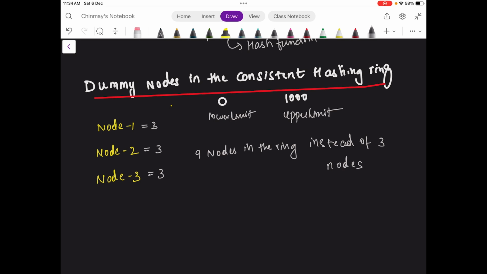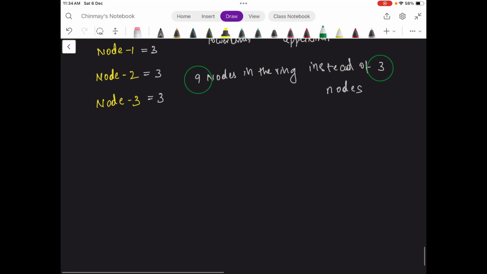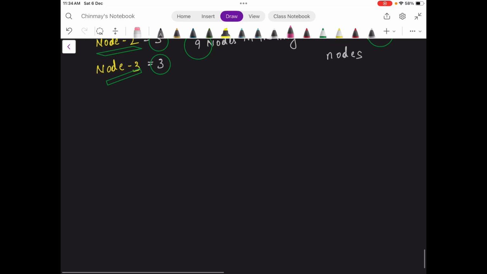It solves the problem, but all these 3 dummy nodes will be mapped to node 1 only. These 3 dummy nodes will be mapped to node 2. These 3 dummy nodes will be mapped to node 3.